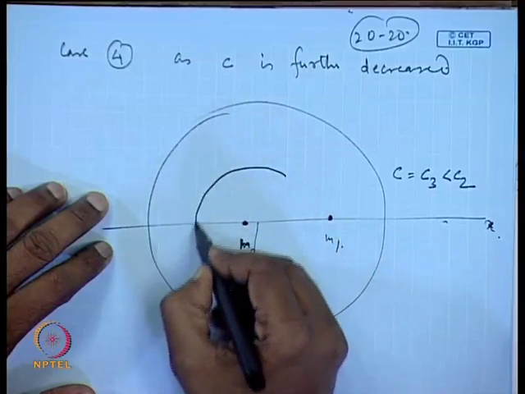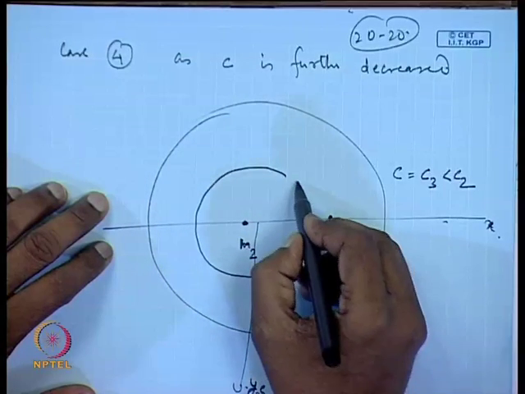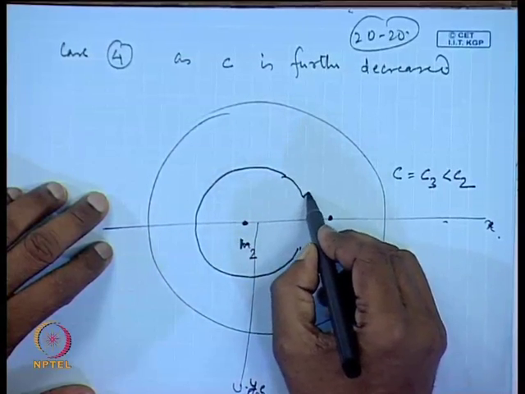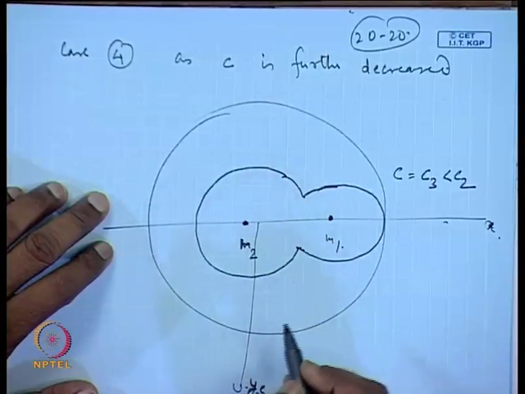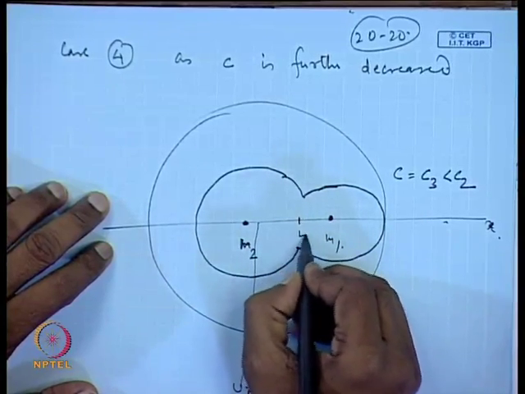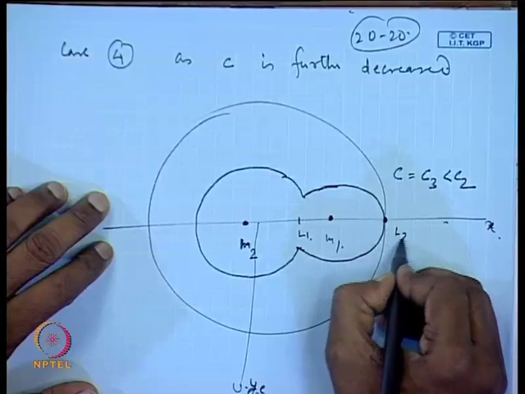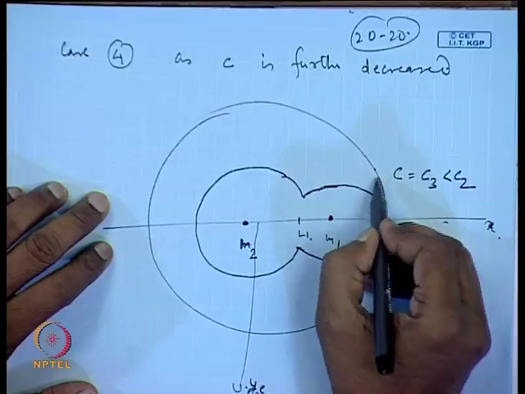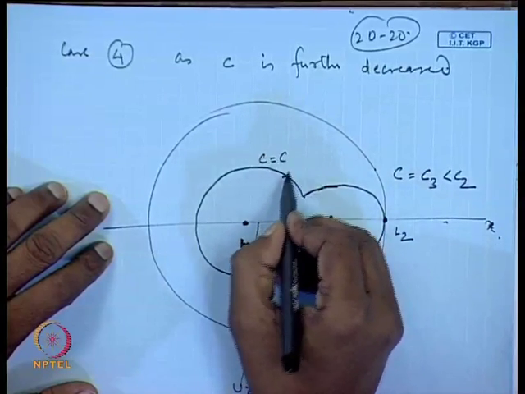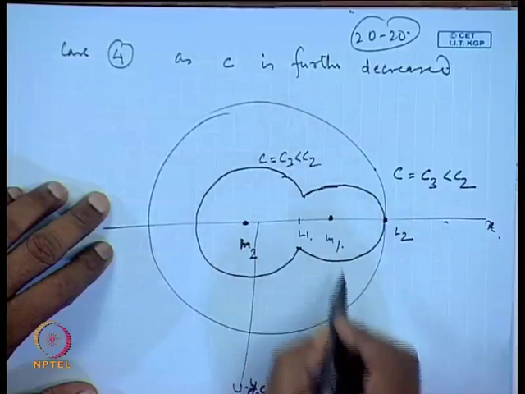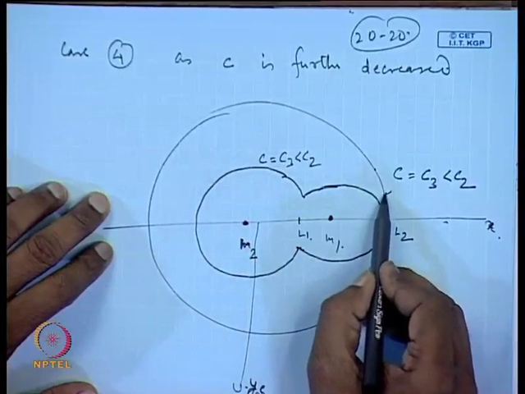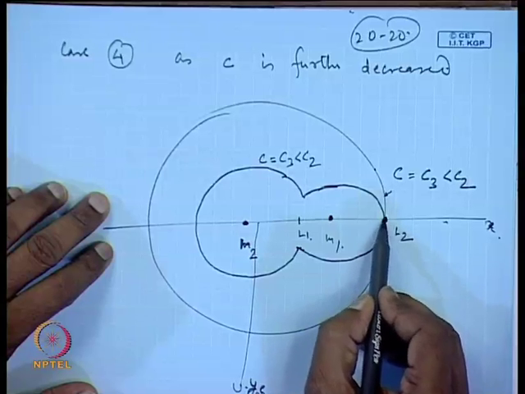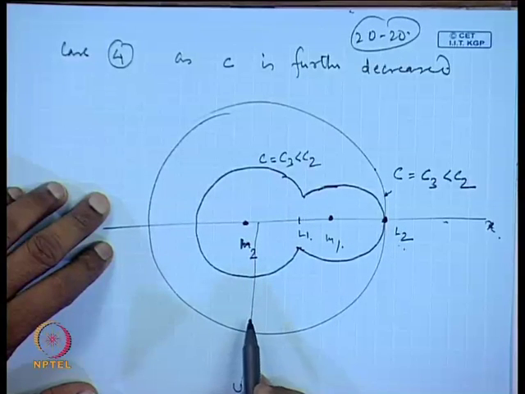So, now these two circles merge together to produce this kind of result. Okay. L1 point was here, now the point L2 develops. So, here again you have C equal to C3 which is less than C2. Now this C equal to C3 curve meets with this curve, and then obviously the double point L2 develops.